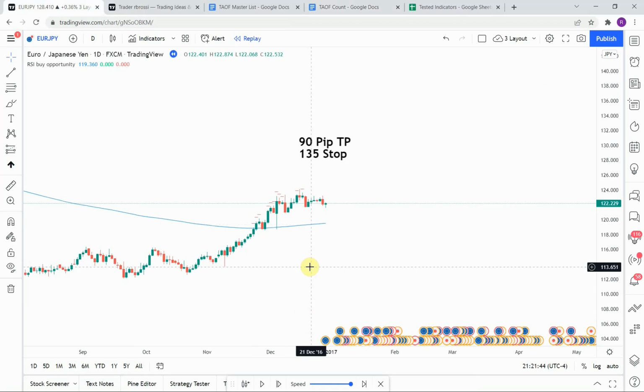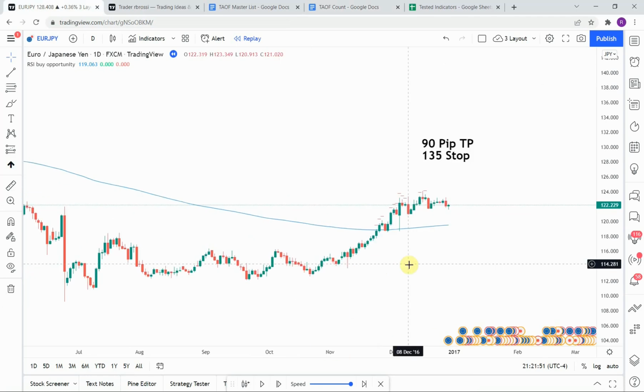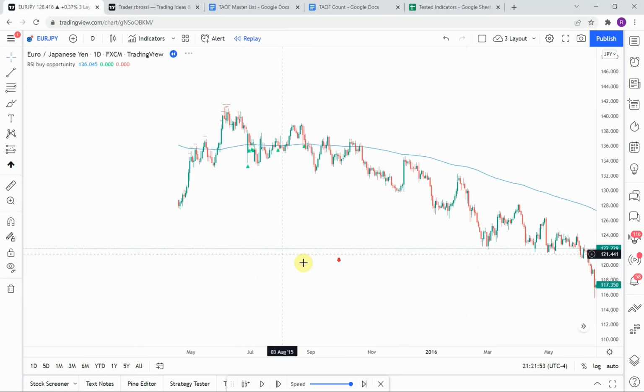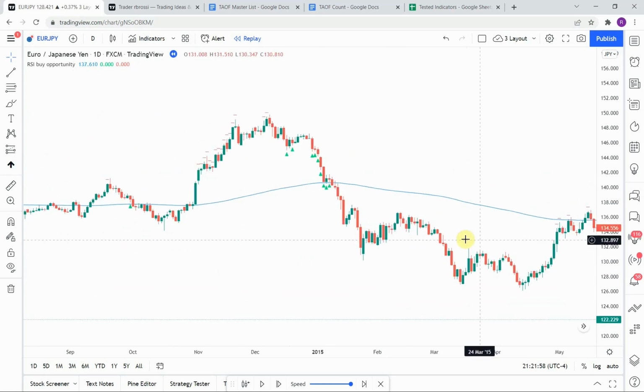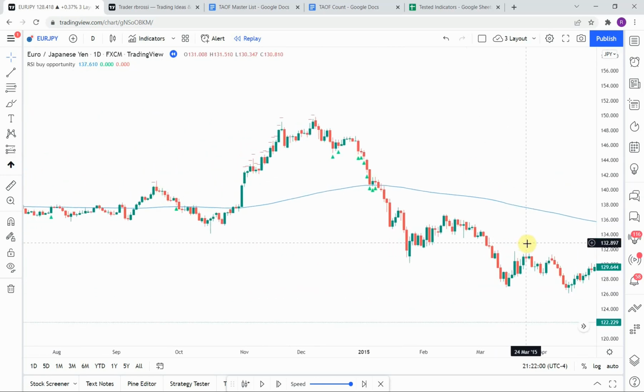Alright, so today's indicator is the RSI buy opportunity indicator, and you can see it here on screen. Let me actually zoom back a little bit here, make it a tad bit easier to see.